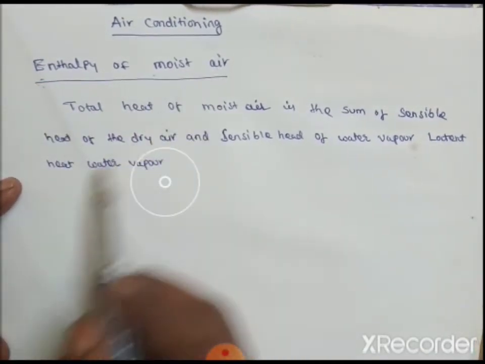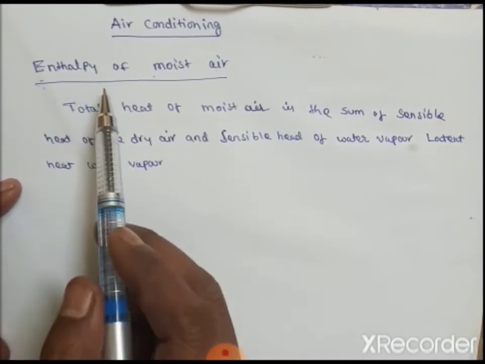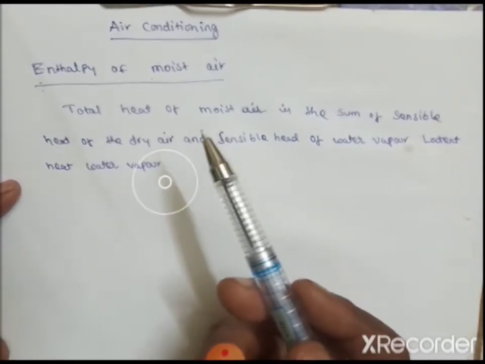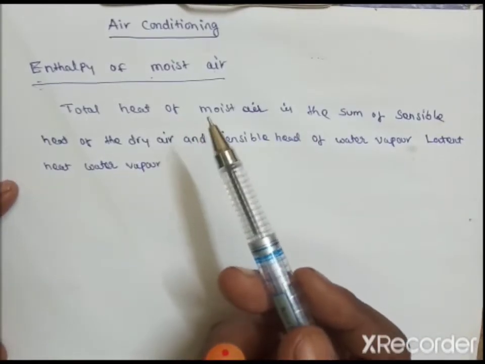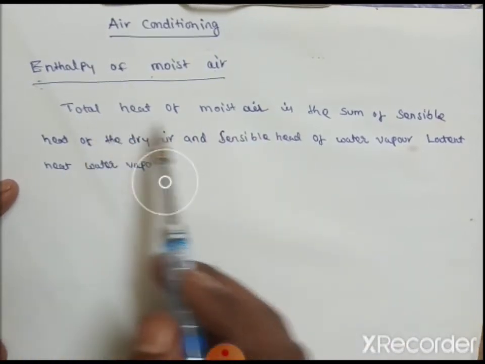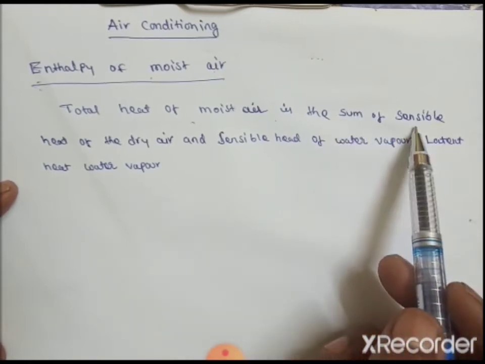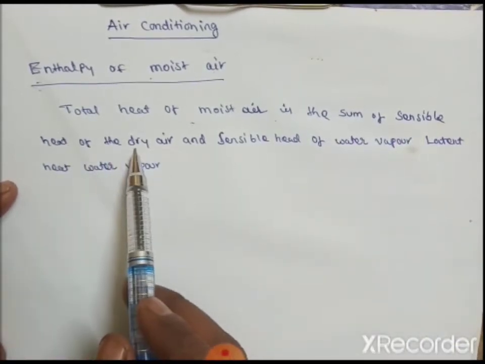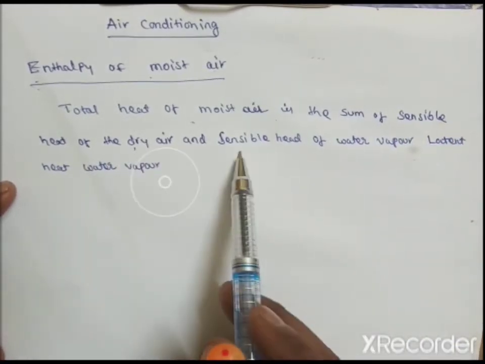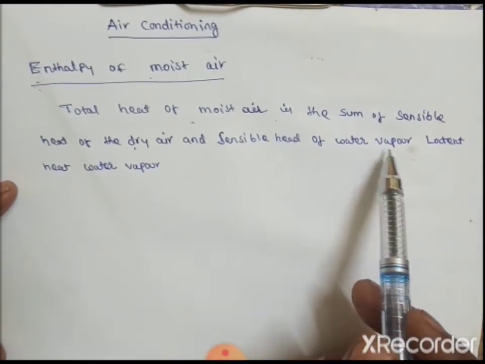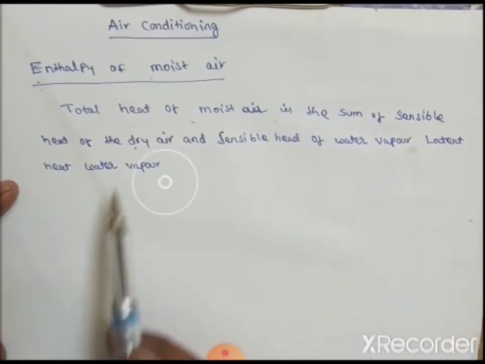Enthalpy of moist air. The enthalpy means the total heat in the moist air. The total heat of moist air is a sum of sensible heat of the dry air and sensible heat of the water vapor, latent heat of water vapor.